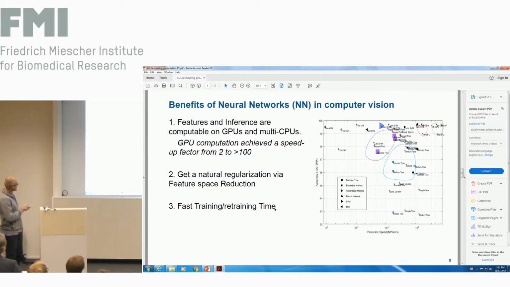And last but not least, they also enable fast training or retraining time. If we look at this diagram, the prediction speed is quite fast for this ensemble of neural networks compared to complex trees. And the accuracy as well is one of the best when you compare it to other types of machine learning.